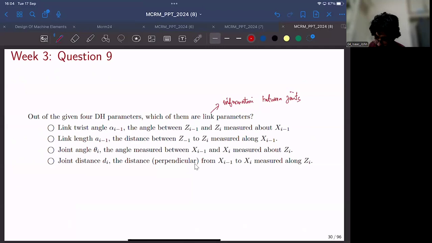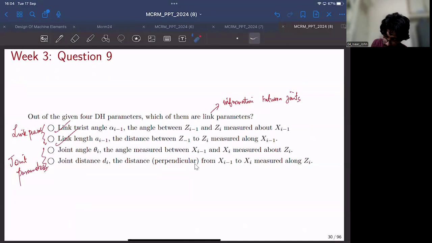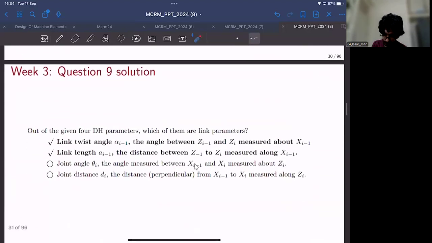So link twist angle is a link parameter, and link length is also a link parameter. So these two are link parameters. The joint angle and the joint distance are joint parameters. So in this question, these would be the correct answers.